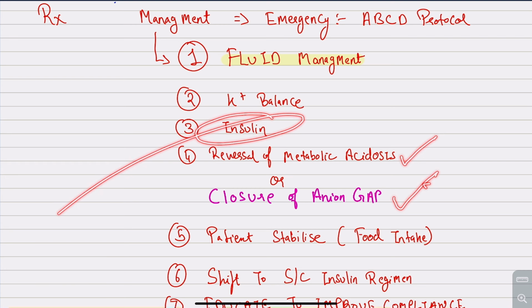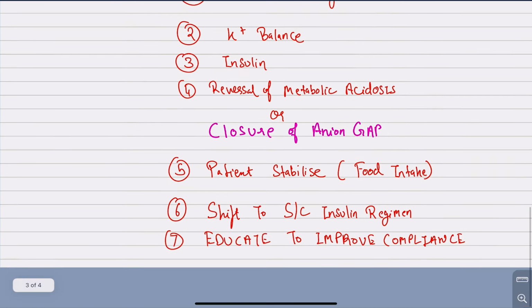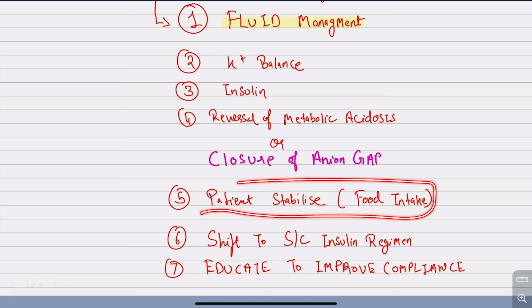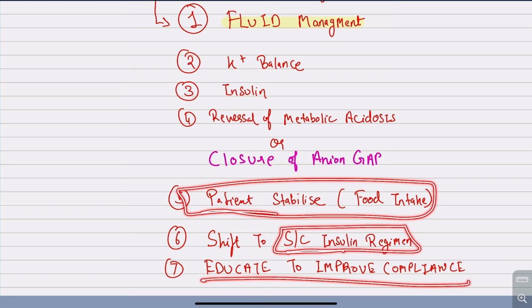Insulin will be given 0.1 unit per kg bolus IV and then in infusion form. Okay. Patient stabilizing is our goal. Shift to a subcutaneous insulin regimen. Educate to improve compliance.